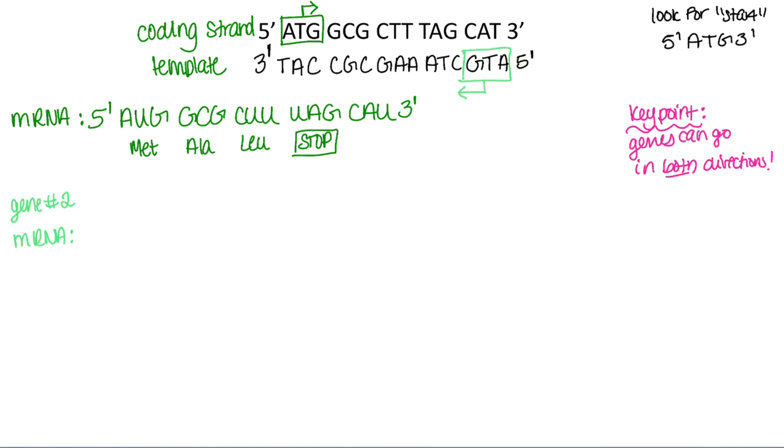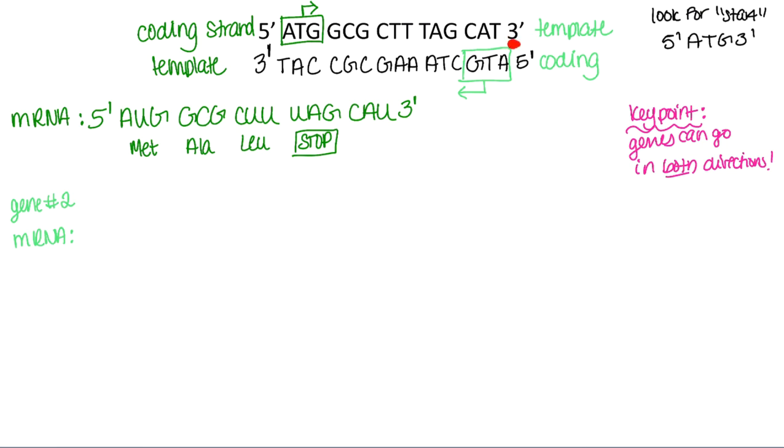And when we find an ATG, we know that that makes it the coding strand. So for gene number 2, this is the coding strand. And that means that the top strand has to be the template strand. So for our second mRNA, we're actually going to use this top strand as the template.